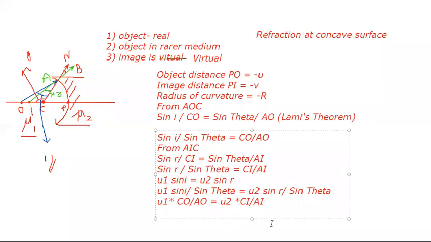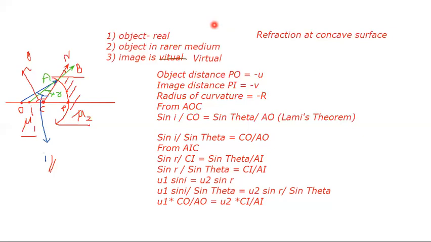Now, since this aperture is very small, what we assume in our general academics is that the aperture of the refracting surface is very small. So P and A points are very close to each other. We consider OA equal to OP, meaning P and A are the same point.